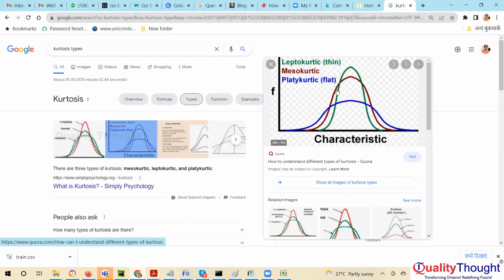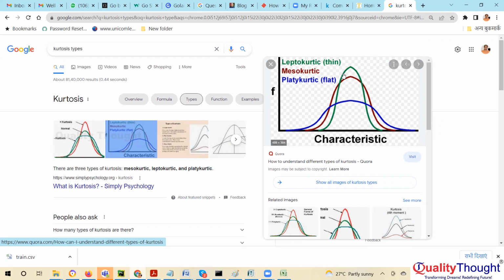If the curve has kurtosis greater than 3, like blue, it is called platykurtic, flat. Green is called leptokurtic, the thin one. So green will have lower kurtosis, less than 3, and blue will have a kurtosis value of more than 3.